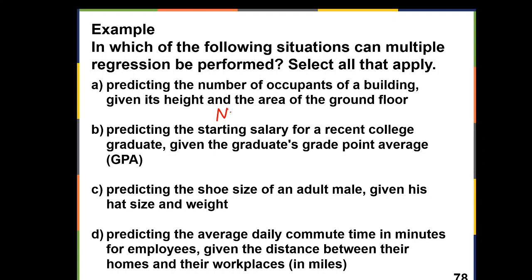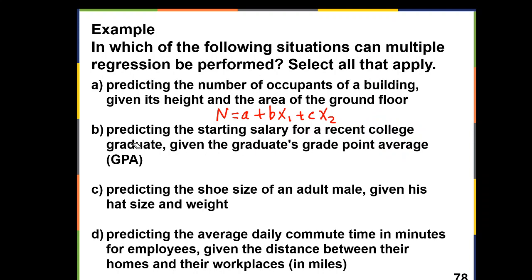So the number of occupants is maybe some number plus some number times x1 plus some number times x2. x1 is the height of the building and x2 is the area of the floor of the building. Yes, because that's multiple regression, right?